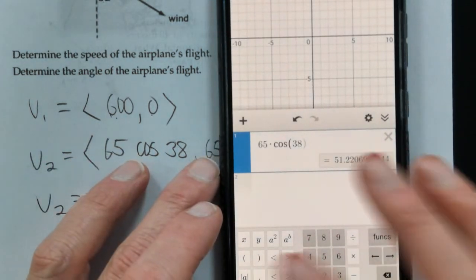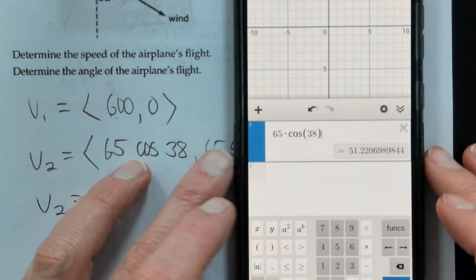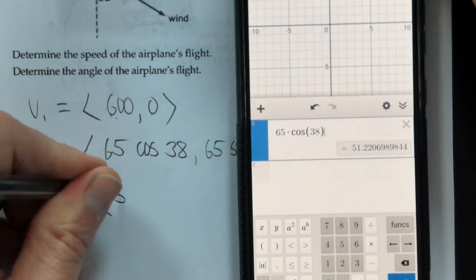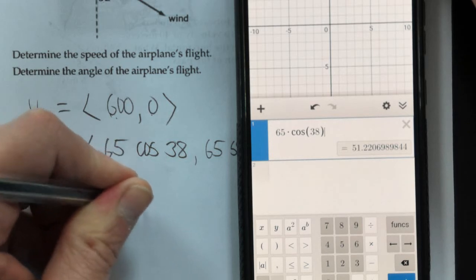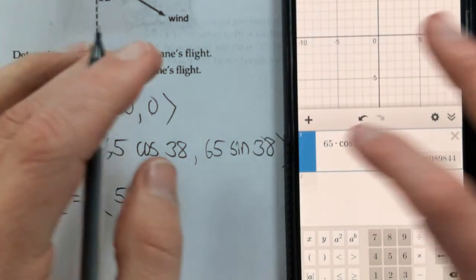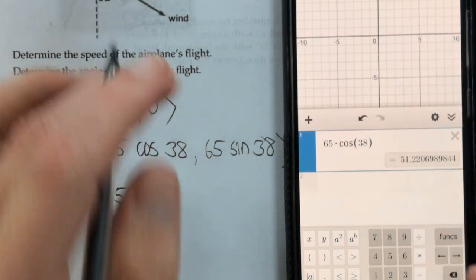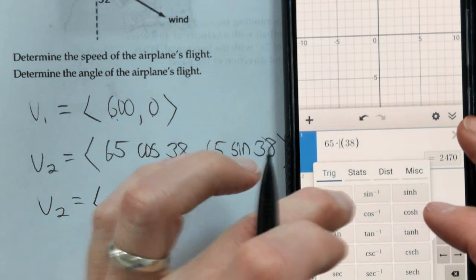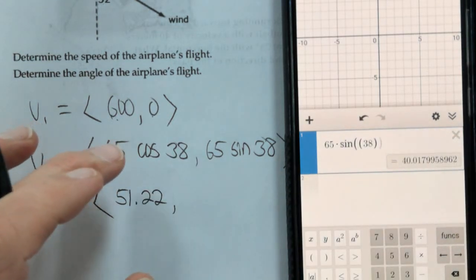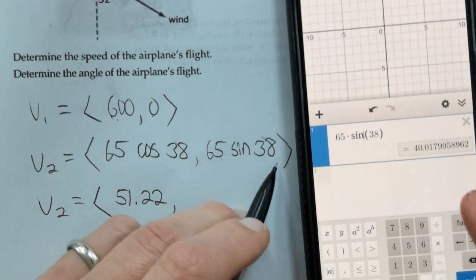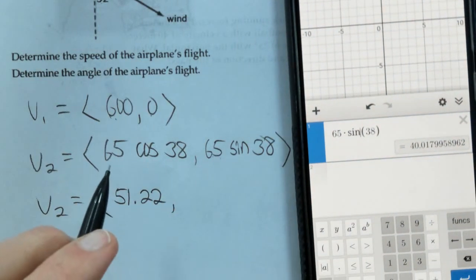All right, and so that gives me 51.22. And then I need the other one, which is going to be sine. Sine, 65 times the sine of 38. That's 40.02.